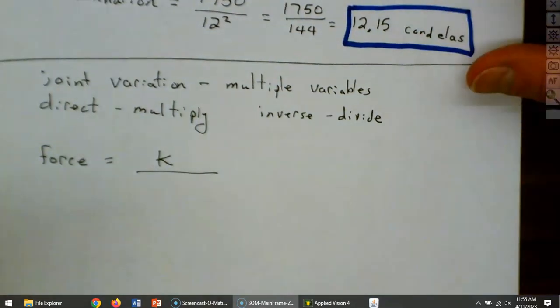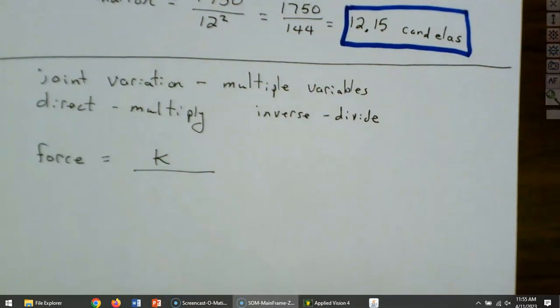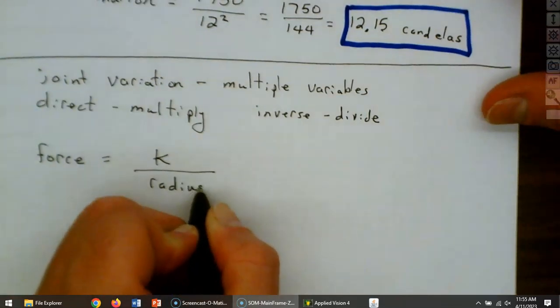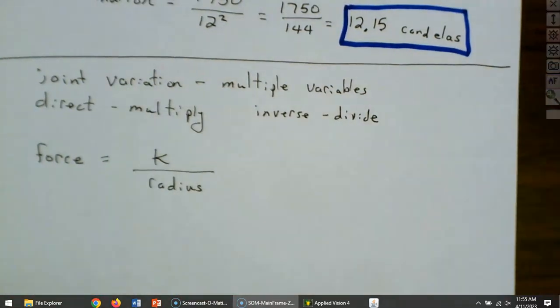Make sure it's inversely the radius, so there's no square, it's just radius down below. And jointly just means we have multiple variables. Jointly as the weight of the car and the square of the speed.